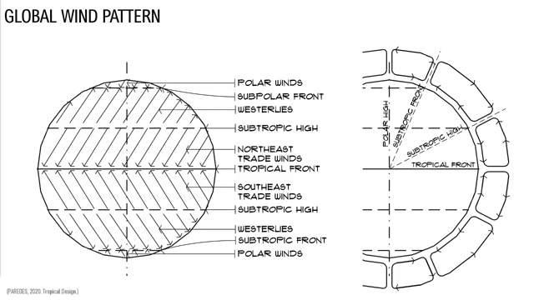So imagine this is the Earth, okay, near the equator, okay, we have the tropical front. That's basically the line, the equator. North of it, we have the northeast trade winds, okay, and then we have a break.